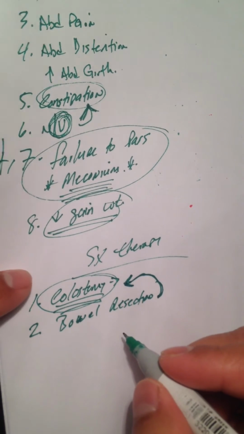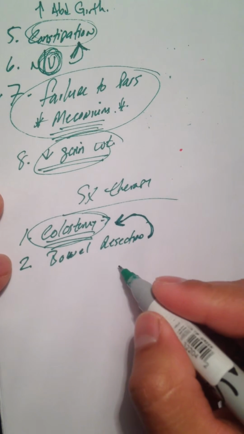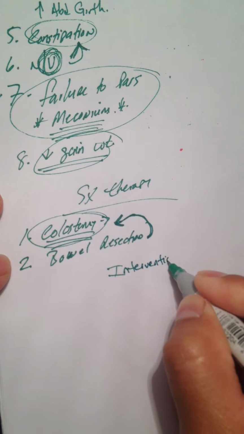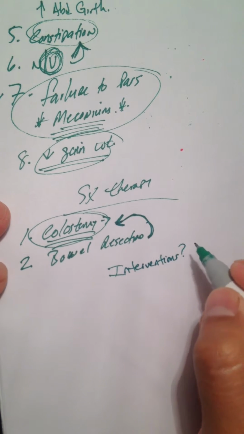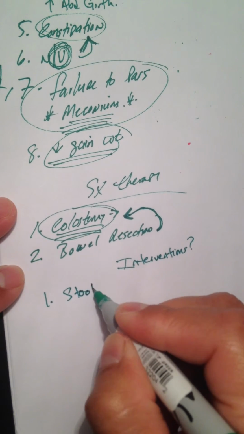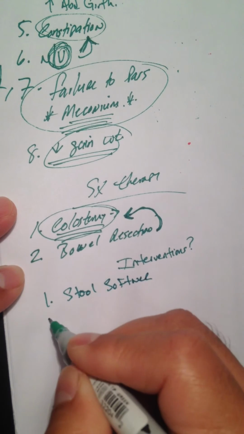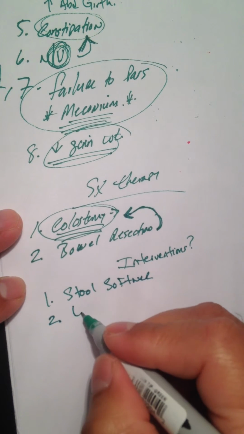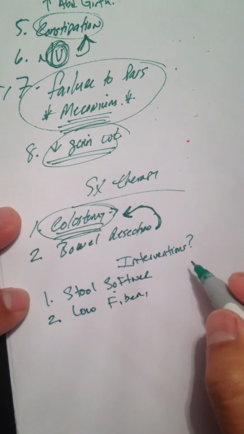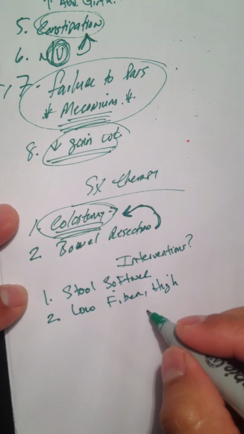So what are some interventions that you're going to be doing for these kiddos? Number 1, you'll provide a stool softener to prevent constipation. Number 2, a low fiber, high calorie, and high protein diet.